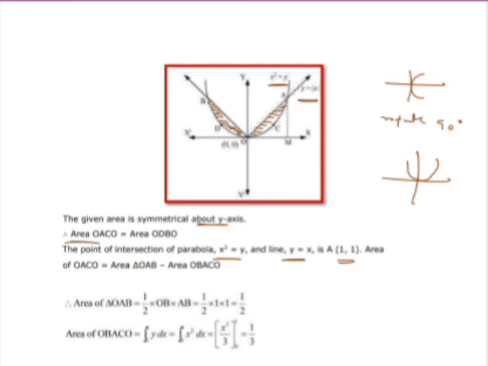The area of OACO equals the area of triangle OAB minus the area of OBACO.